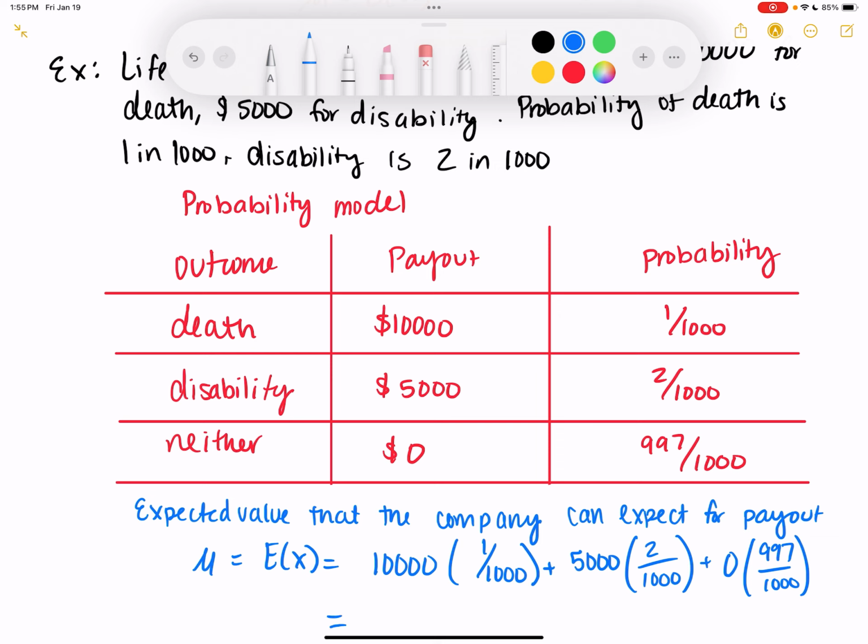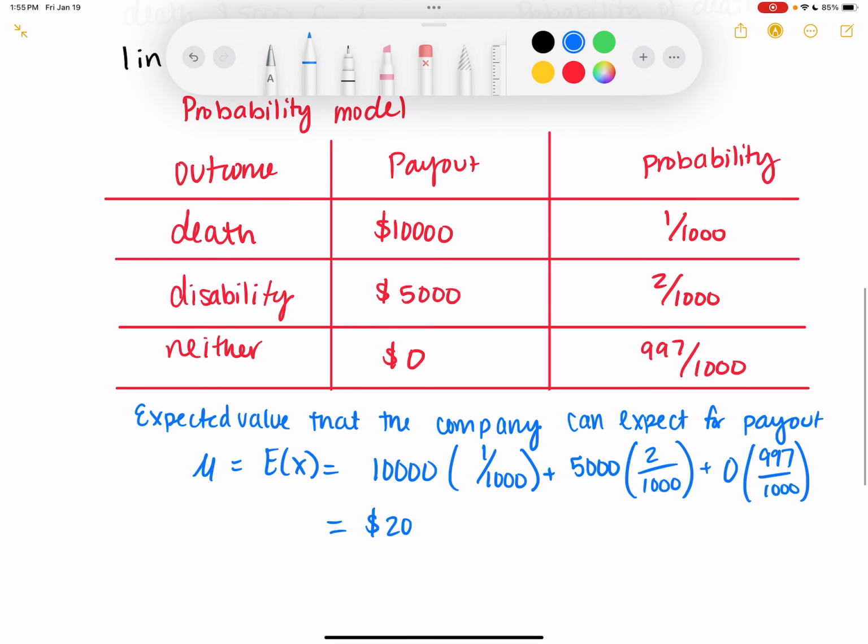And that's going to be equal to a lovely $20. So they can expect to pay out $20. So the expected payout per customer is $20.